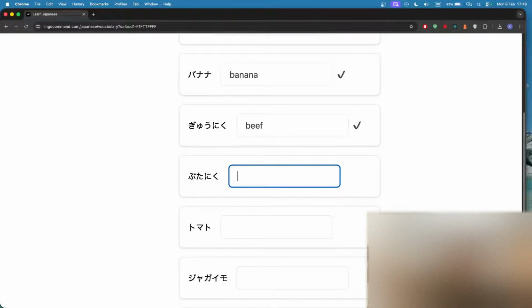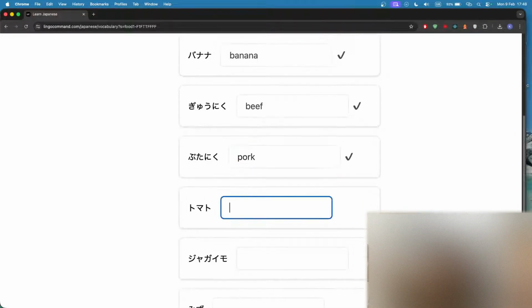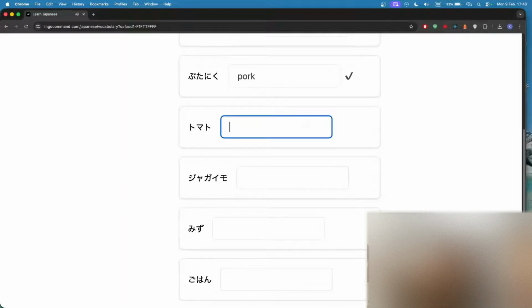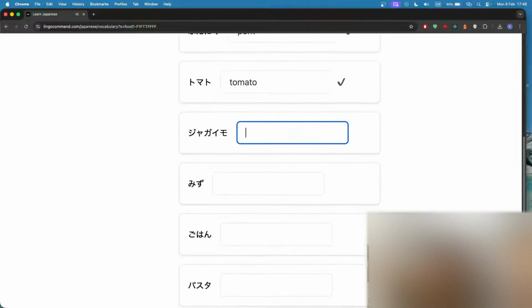So yeah, butaniku directly translates to pig's meat, which is pork. And then the next word is tomato, is tomato. Jagaimo is potatoes.